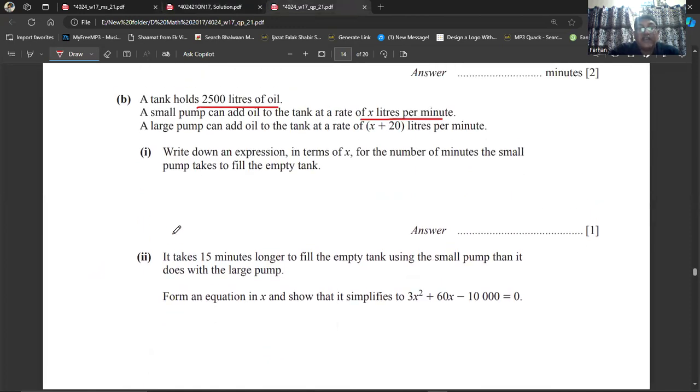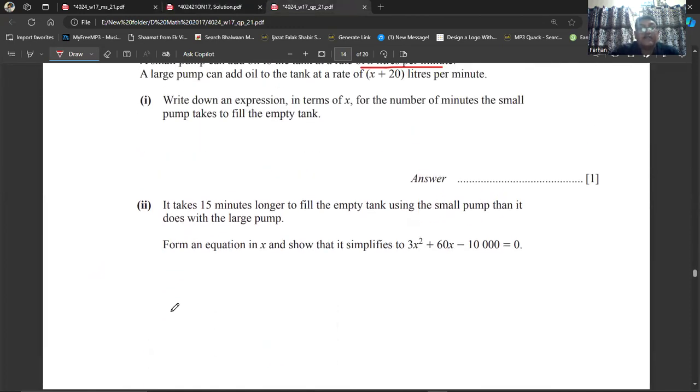It says it takes 15 minutes longer to fill the empty tank using the small pump than it does for the large pump. Form an equation in x and show that it simplifies to 3x square plus 60x minus 10,000.